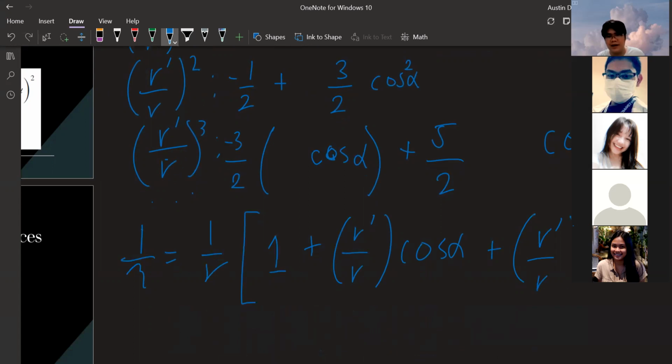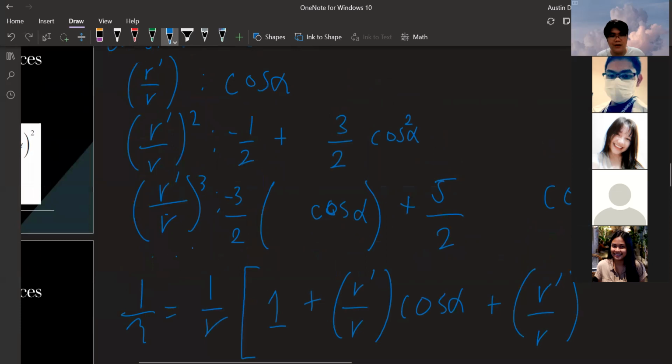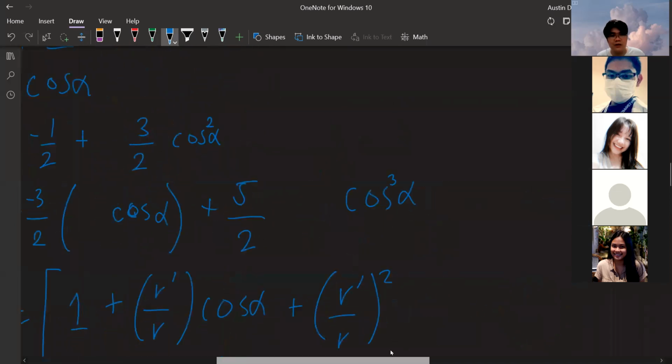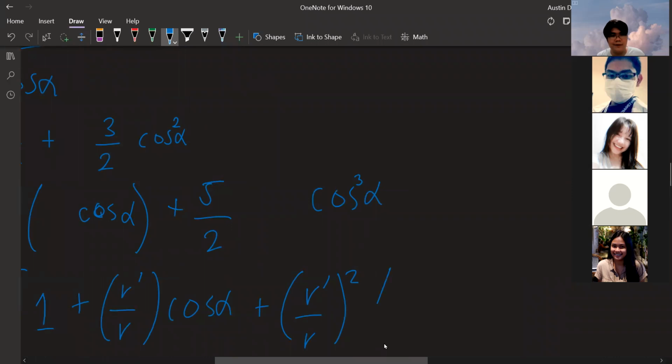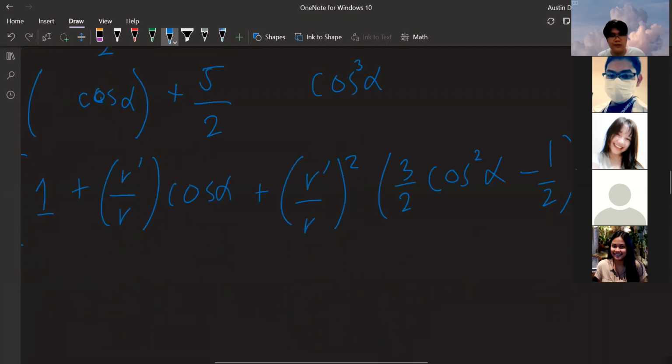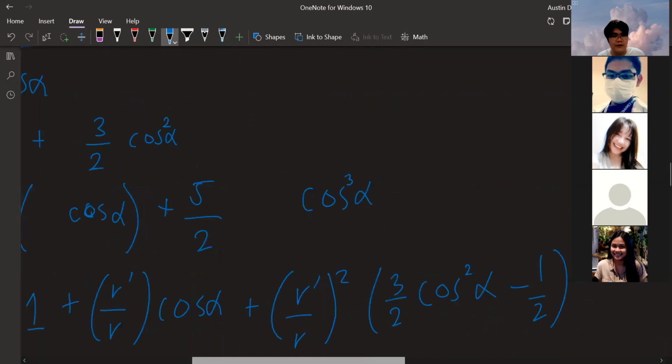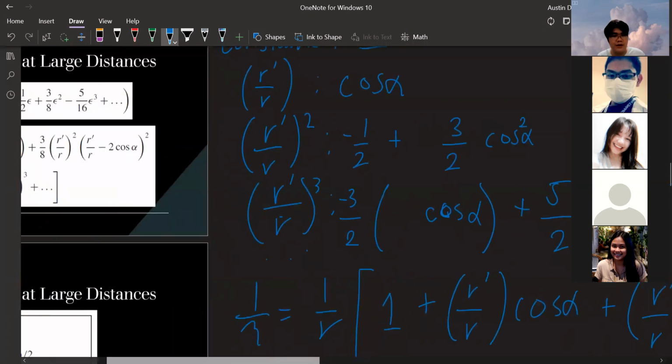Listen closely. Okay, so nagko-collect ko ng terms bale, no? So, kopyahin ko itong mga to. Then that is 3/2 cosine squared alpha, then minus 1/2. Tama. 3/2 cosine squared alpha minus 1/2. And then next will be cube naman.